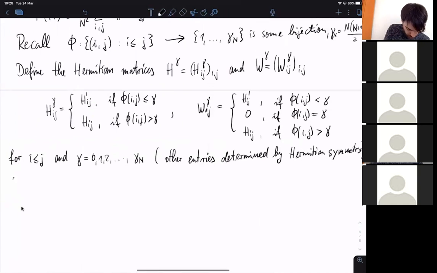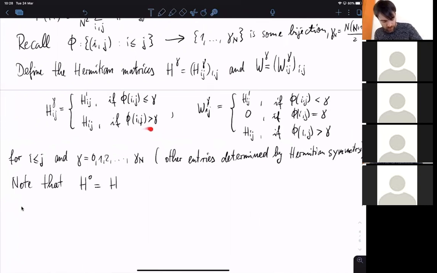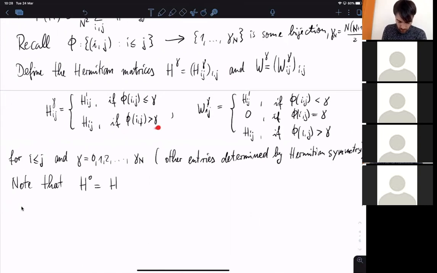Maybe first I should remark that H0 is the original matrix H, because of course all phi ij are bigger than 0.